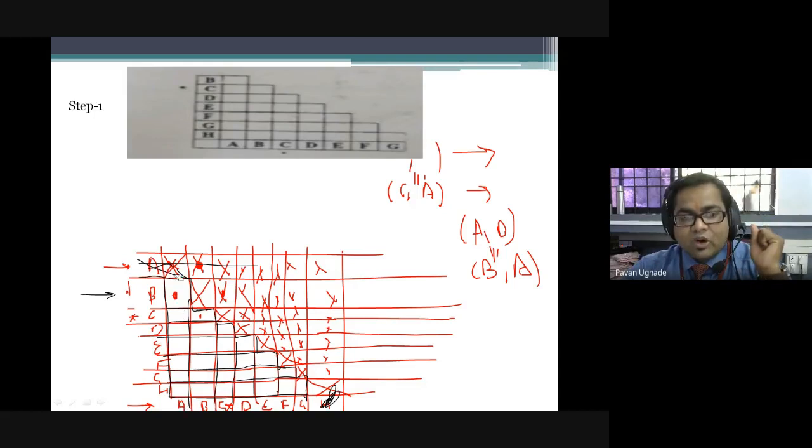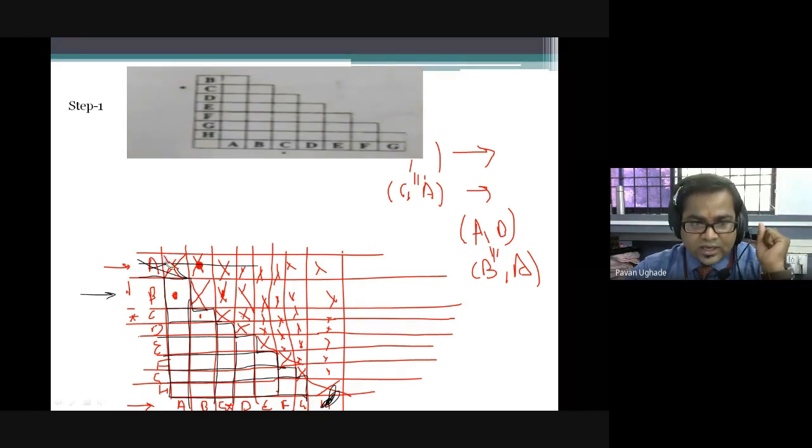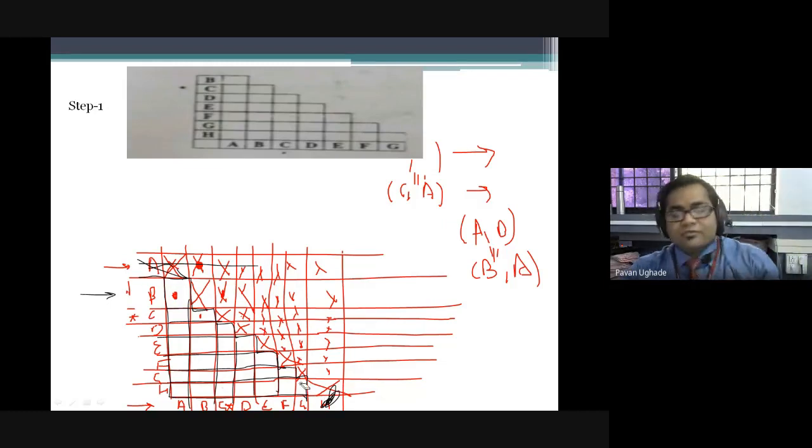So state A is already equivalent with itself, so we are not checking the whole diagonal. If you check the diagonal, this cell is the combination of AA, this cell is a combination of BB, this cell is a combination of CC, this is D, E, F, G, H. They are equivalent to themselves. We need not check that. We are understanding that. So I have simply put a cross on them. We are not going to check that.